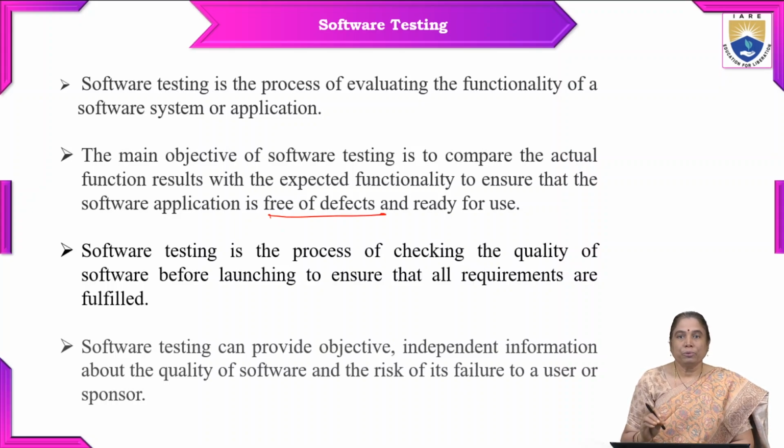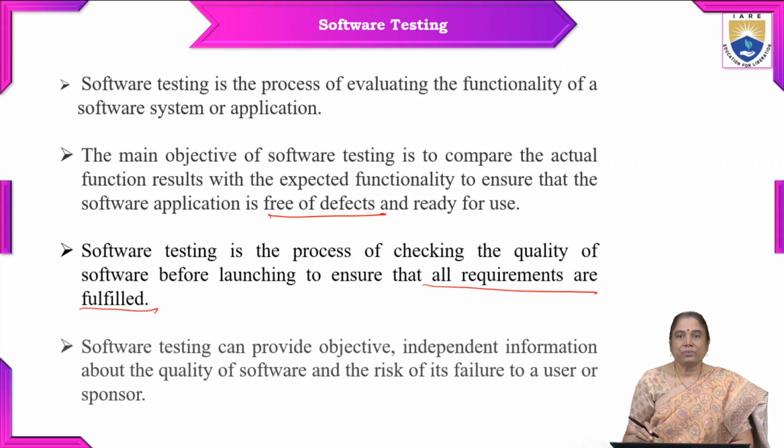In order to enhance the quality of the software, the testing process is used, and here quality can generally be referred to as justification or fulfillment of all requirements. So, the testing process is used to evaluate the software quality.